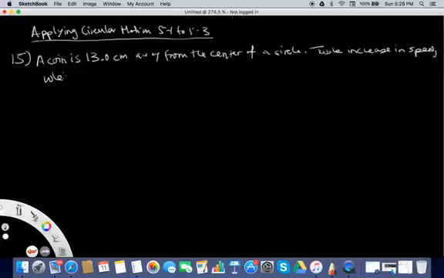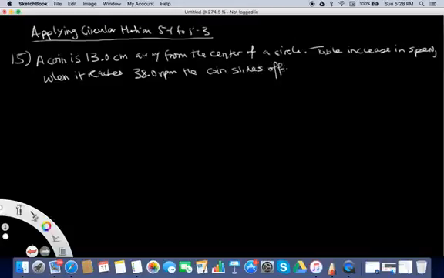When it reaches a speed of 38.0 RPMs, revolutions per minute, the coin on the table slides off. Okay?